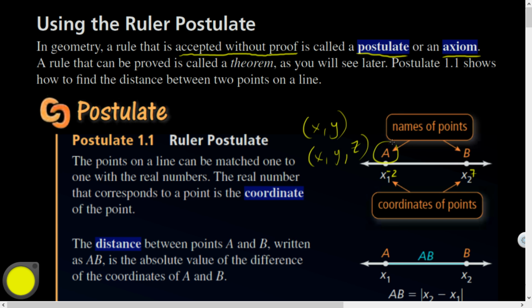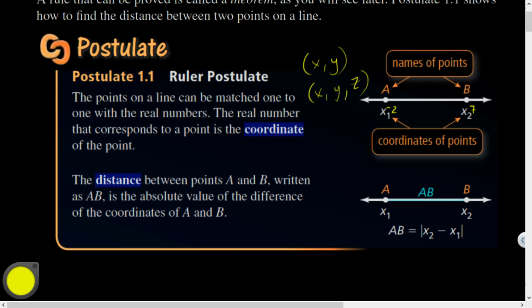So this is referring to the figure, the picture, the point, and this would be referring to a number describing the location of the point. You are a person and not simply the location in which you exist, but your location could be described with GPS coordinates or something like that.